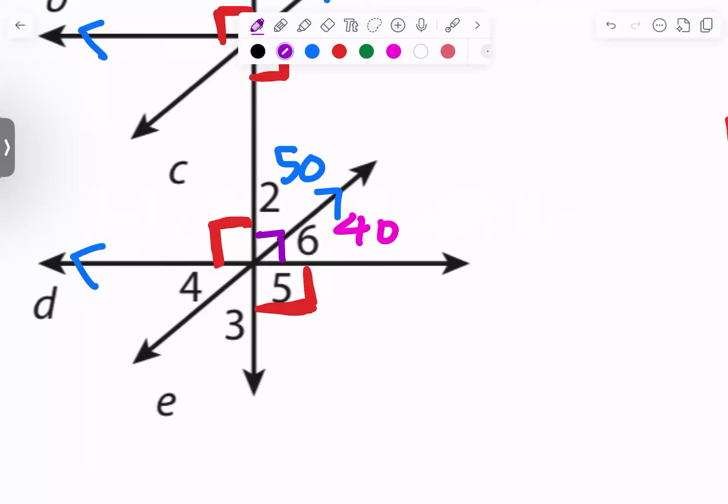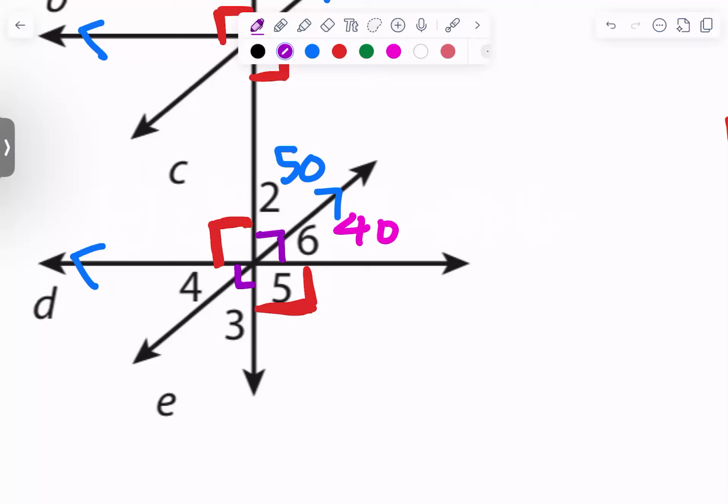It doesn't say it bisects, but it does. It has to equal 180 because angle 5, angle 2 plus angle 6 has to equal 180 because they are linear pairs, right? And so then this guy has to be 90 as well.